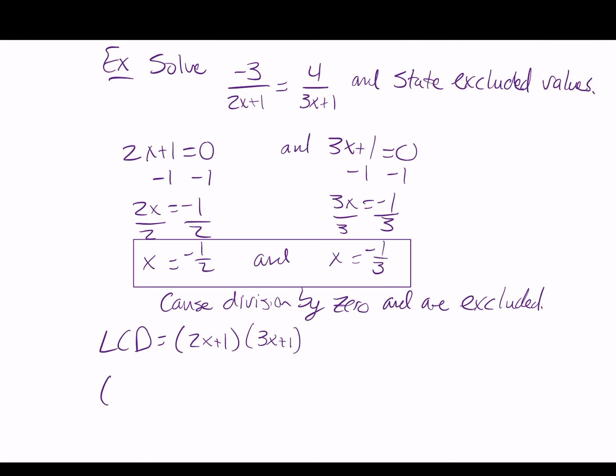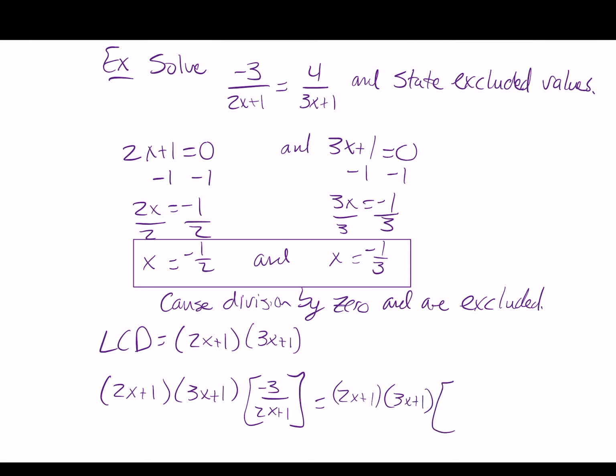So we have 2x plus 1, 3x plus 1 times negative 3 over 2x plus 1 is equal to 2x plus 1 times 3x plus 1 times 4 over 3x plus 1. So on the left-hand side, the 2x plus 1s will cancel out, and we're left with negative 3 times 3x plus 1 is equal to, the 3x plus 1s cancel out here, we're left with 4 times 2x plus 1.